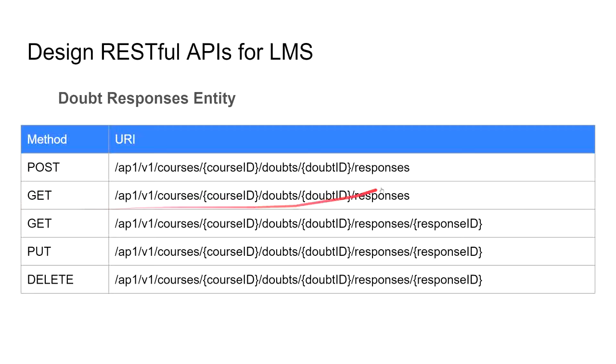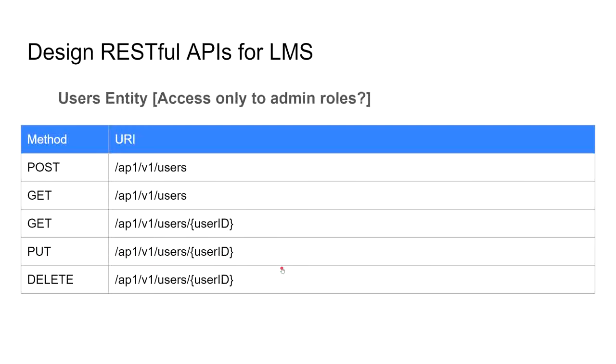To get all the responses for a particular doubt, a get API. To get a particular response, let's say you have a response ID, you could get that using this get API. And then if you want to update the response, a put API, and to delete a response, a delete API, right?